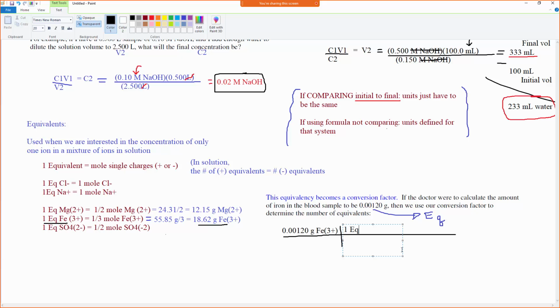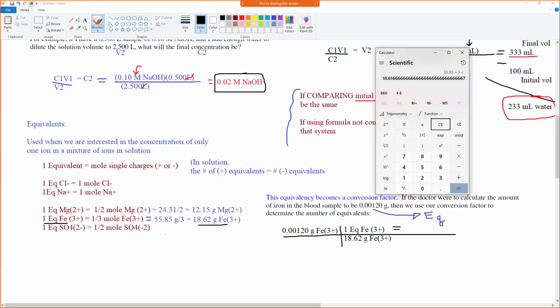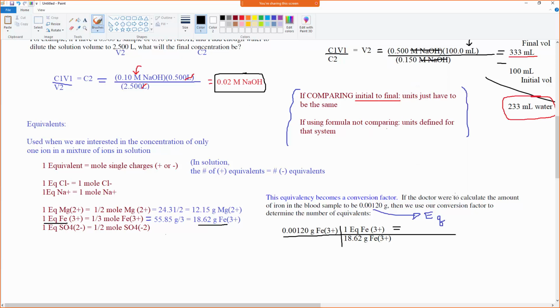So one equivalent of Fe 3+ has 18.62 grams of Fe 3+. 0.00120 divided by 18.62 gives me 6.44 times 10 to the -5th equivalents.